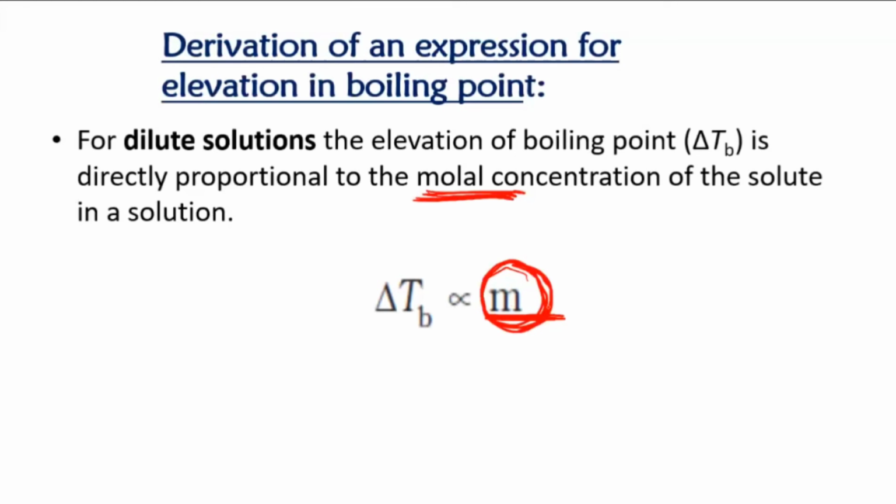That's the reason every time you will see that we deal with molality. So delta TB, the elevation, totally depends on how many moles of solute you have added to that particular solvent. Here I have written delta TB directly proportional to molality. Now remove this proportionality sign by putting in one constant, Kb. This is the elevation constant.